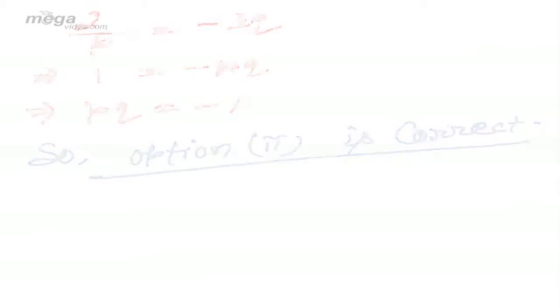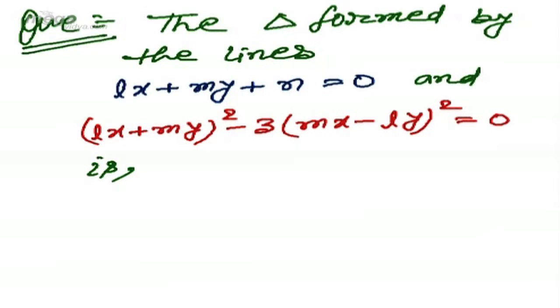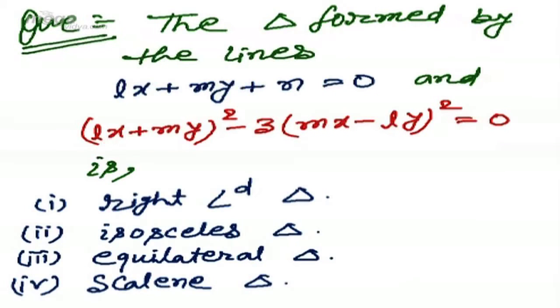I'm taking another question. The triangle formed by the lines lx + my + n = 0 and (lx + my)² - 3(mx - ly)² = 0 is, and your options are: first option right angle triangle, second isosceles triangle, third equilateral triangle, and fourth scalene triangle.